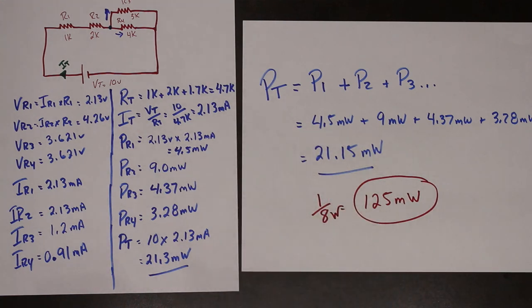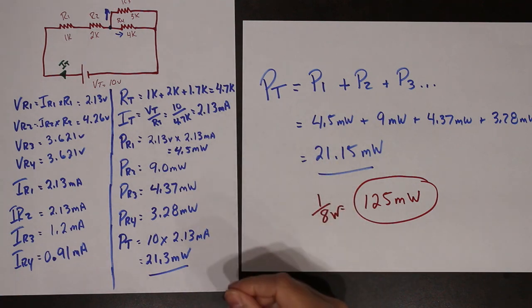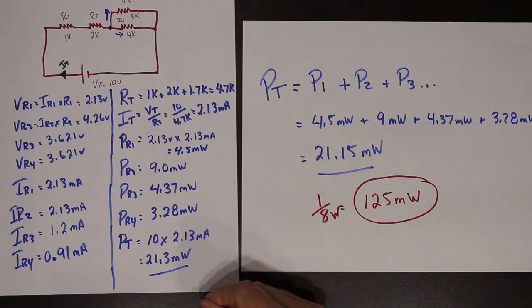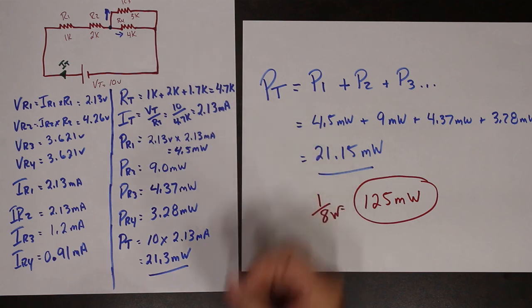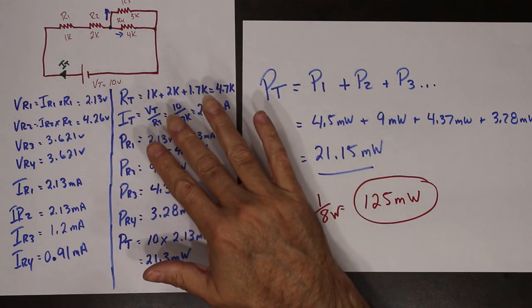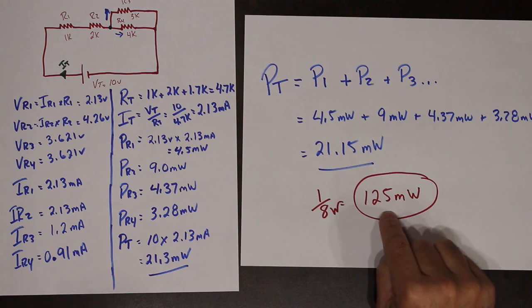Why? Because typically the smaller the resistor, the cheaper it is. The bigger the physical size of the resistor, the more expensive. So I want to pick the smallest resistor that's still going to give me a safe power dissipation.